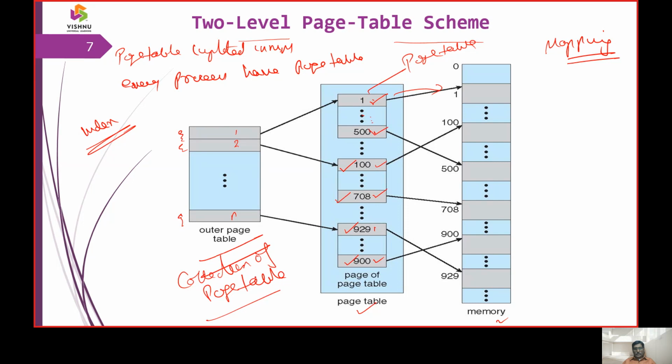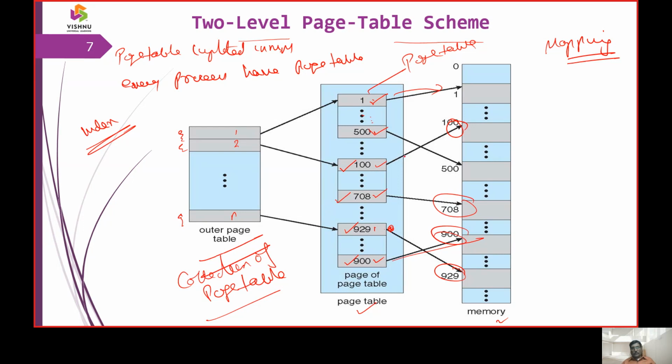So we say it is a collection of page tables, and it is divided into a granularity here. The second one is going to organize between 100 and end up with 708, and the third one is going to begin at 928 and start at 900.